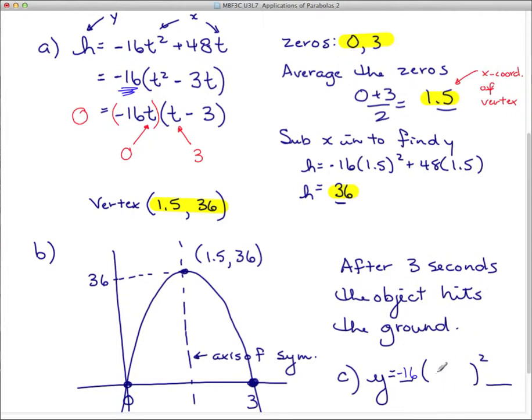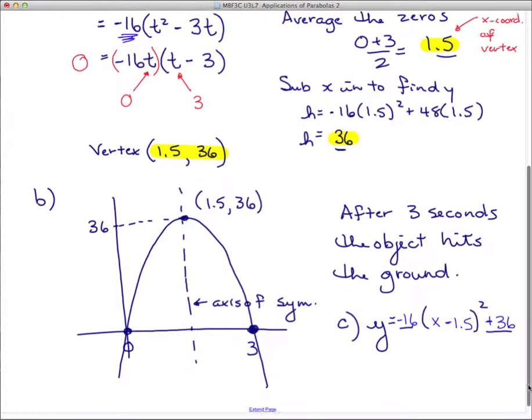In the brackets, we have x, and since it's been moved forward, it's going to be minus, and we know it moved forward 1.5, so x minus 1.5. And then on the end, we have 36, so we're going to go plus 36. So negative 16 times x minus 1.5 squared plus 36.